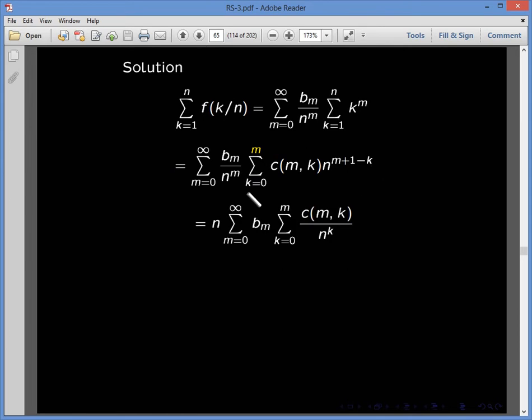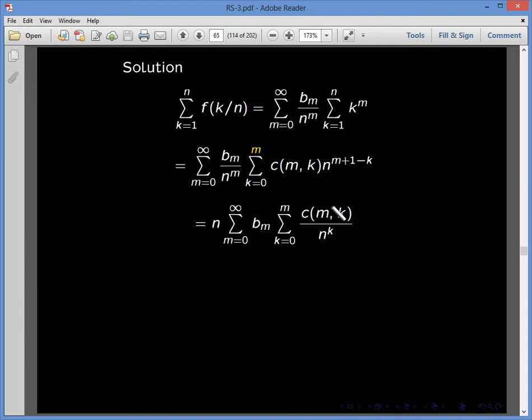Then realize that n to the m and n to the m cancel, but we still have n to the first left, so I pulled it out. Bm is still out there, and then we have n to the k in the denominator and this coefficient. Alright, so that's currently the shape, and the CMK came from the Faulhaber polynomial coefficients. So what we're going to do next is that I don't like that the sum is depending on an m, and I've seen that trick anywhere before.